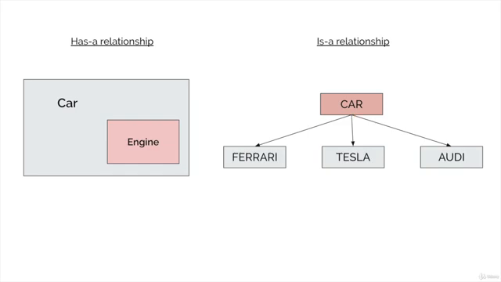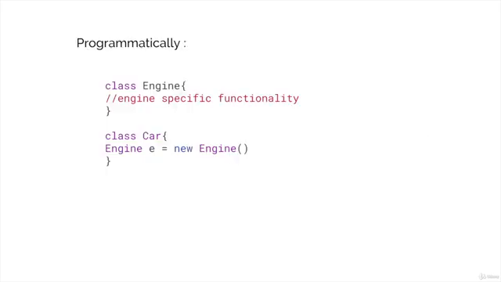Now there is no particular keyword to implement the has-a relationship. We saw how we can implement the is-a relationship using the extends keyword, but to implement the has-a relationship we don't have any keyword. This is how it will be implemented: we first define the class Engine, and then in class Car we create an object of Engine type.